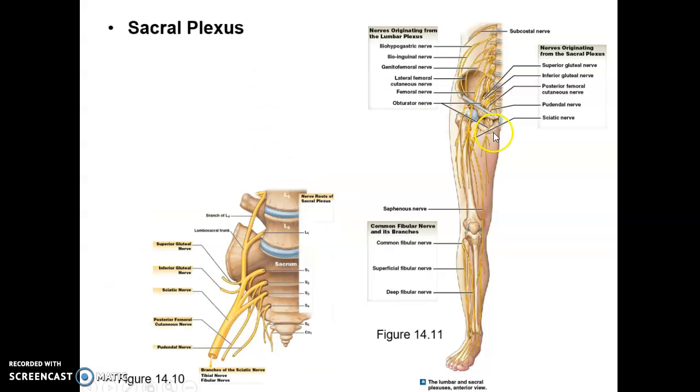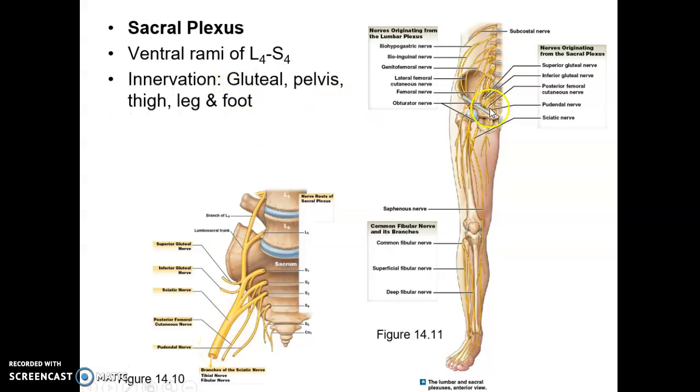And then lastly, the sacral plexus off of the sacrum. For the most part, formed from spinal nerves L4 through S4. And notice this real thick big one. Innervation: gluteal area, pelvis, thigh, leg, and all the way down to the foot.